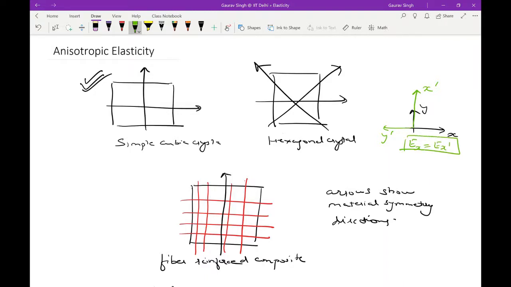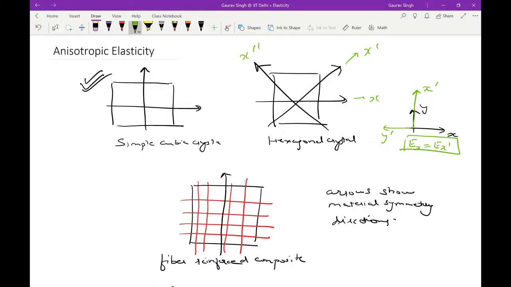Clearly this transformation is a rotation of the coordinate axes by 90 degrees counterclockwise. The elastic response along x and x dash will be the same. Similarly, if this direction was x and you transform so that this direction becomes x dash, then x and x dash will have the same elastic response, and so will x double dash.